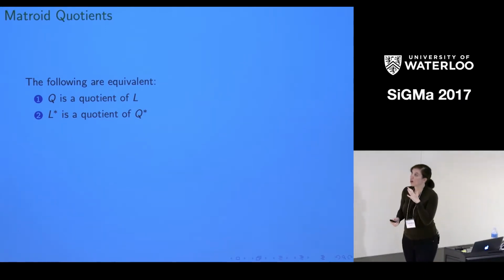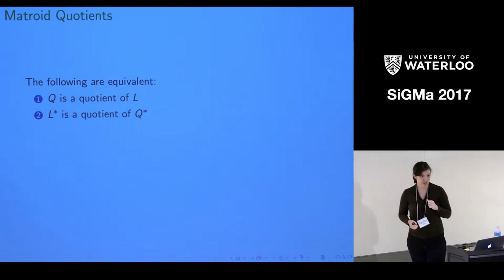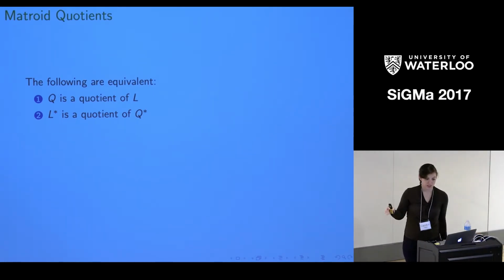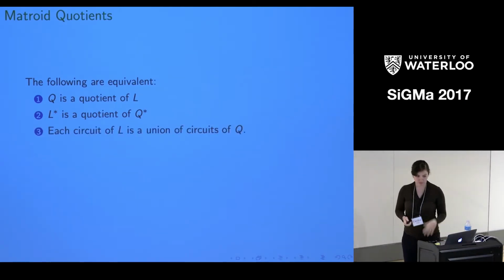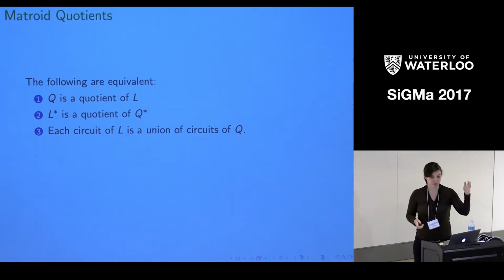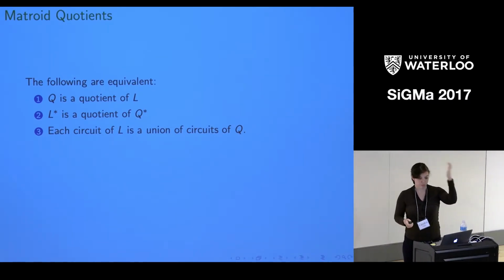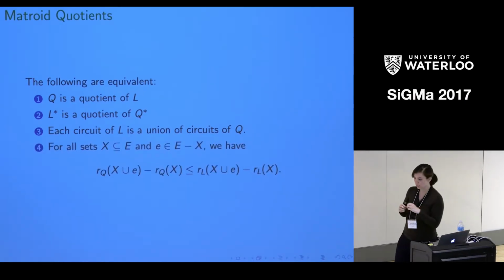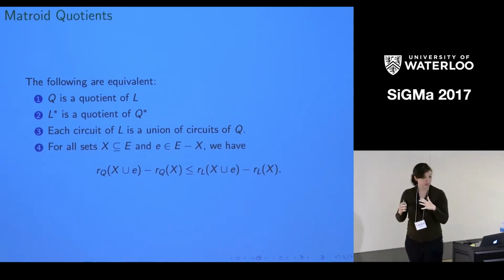And now I'm going to give you a lemma about matroid quotients. The following are equivalent. When I have Q being a quotient of L, then L dual is also a quotient of Q dual. Each circuit in L is a union of circuits of Q. So when you have something being dependent in L, it's going to be dependent in Q. And you can see something happening with rank difference.